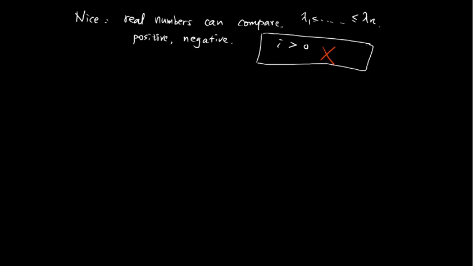So the idea of the inertia is to try to count how many eigenvalues are positive, negative, or 0. So let A be a symmetric matrix with the eigenvalues lambda 1 up to lambda n.